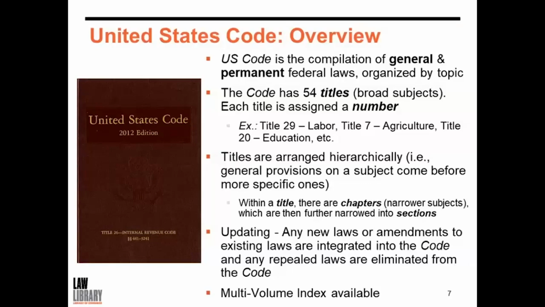The code is organized in a way so that any new laws or amendments to existing laws are integrated into the code, and any repealed laws are eliminated from the code. And the code has this big index at the end, a multi-volume index that you can use if you don't really know what you're looking for, but you know a subject or a keyword or a concept.